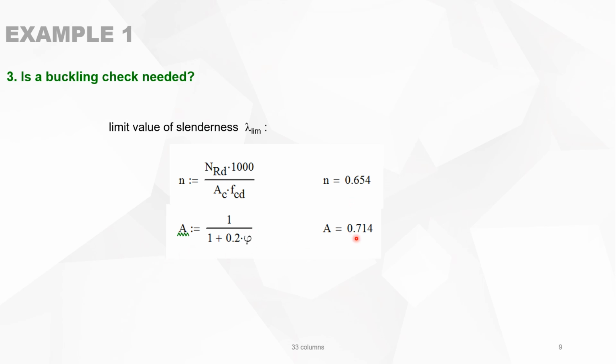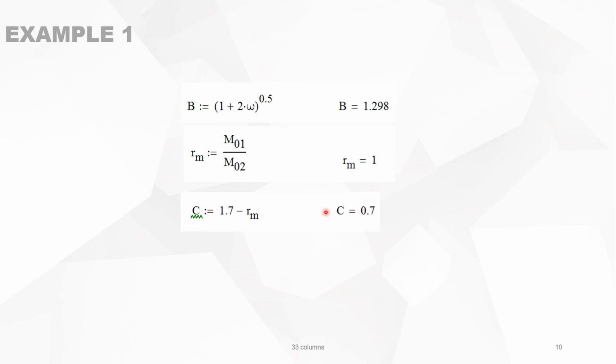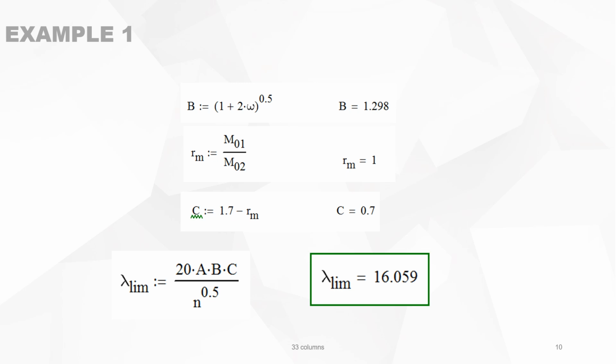A is 0.71, omega, the mechanical reinforcement ratio, is 0.34. The B value depends on the mechanical reinforcement ratio, and B is 1.3. rm is of course 1, and C is 1.7 minus 1, which is 0.7. Now we can calculate the limit value of the slenderness, which is 16.